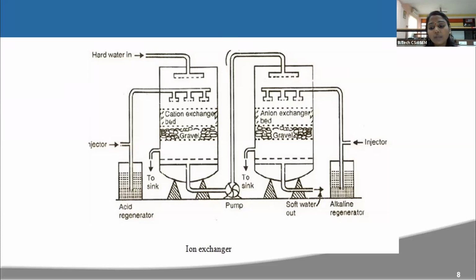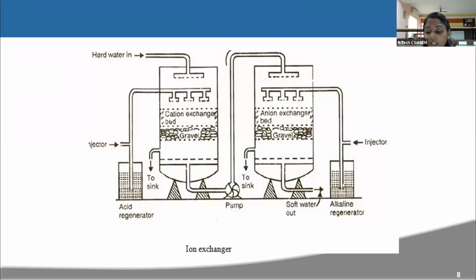So what will happen? The H plus and OH minus ions get exchanged with the cations and anions present in the water. We call such resins exhausted. At this stage the resins can be regenerated by passing dilute HCl. The acid regenerator contains dilute HCl, and the alkaline regenerator contains sodium hydroxide.